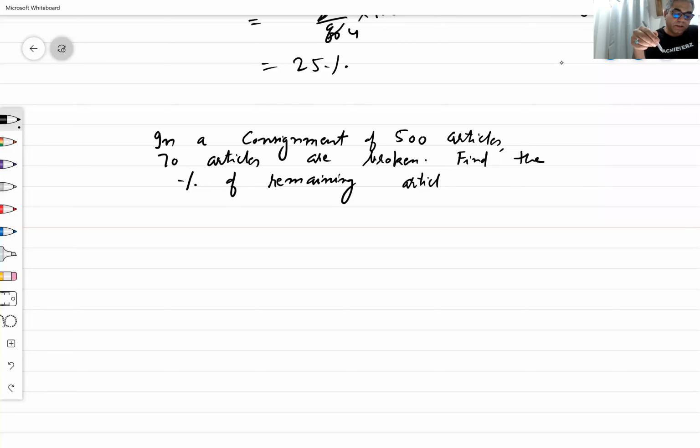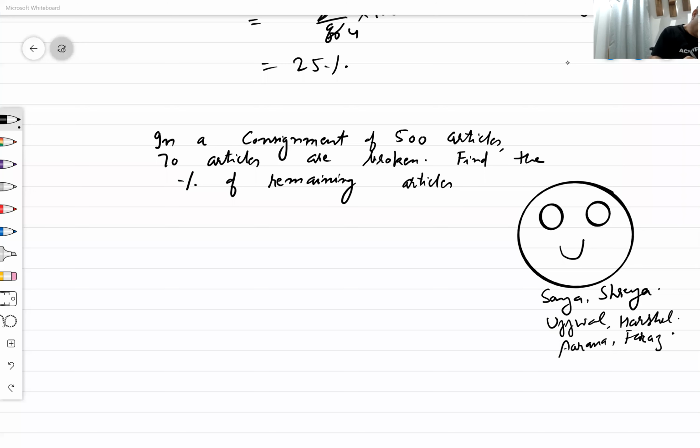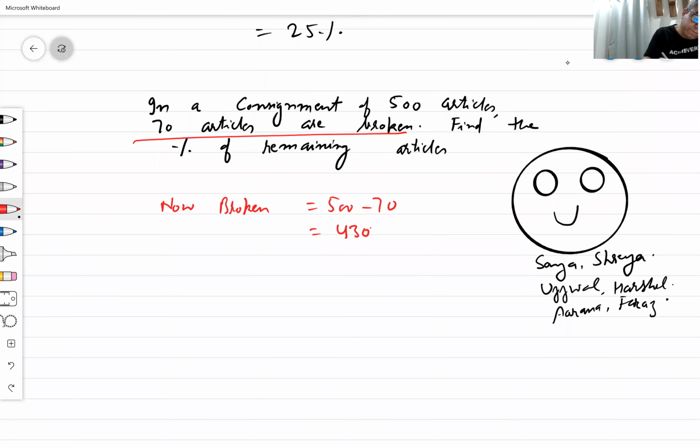So the question is: in a consignment of 500 articles, 70 articles are broken. Find the percentage of remaining articles. Please solve. So you had 500 articles, 70 are broken. So how many are not broken? Not broken is 500 minus 70. That means 430 are not broken.